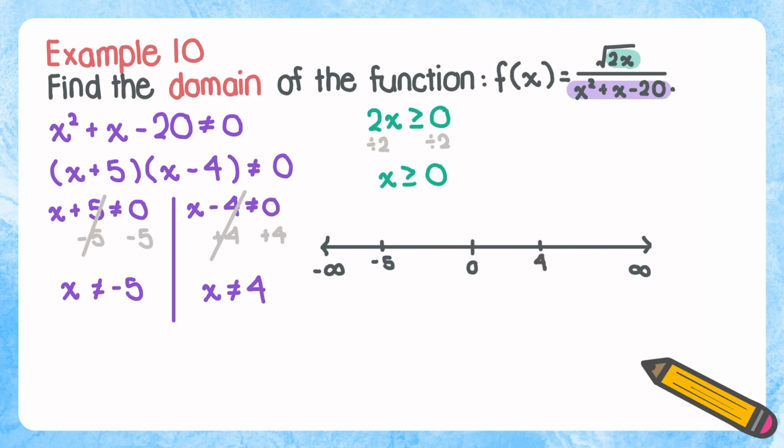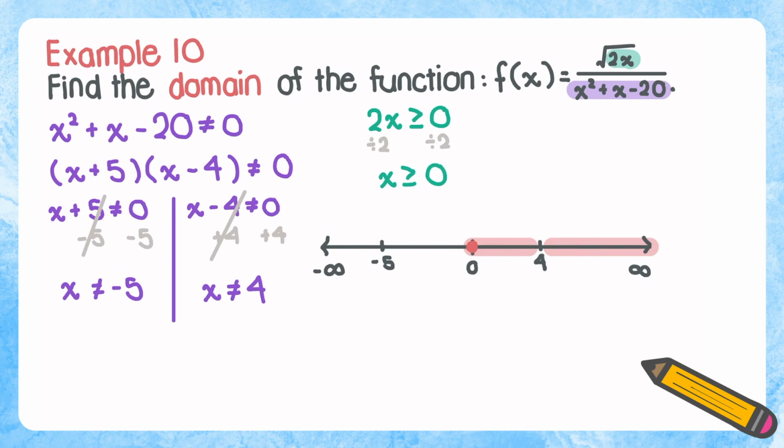All right, so x has to be greater than or equal to 0, and also x cannot be negative 5 or 4. So we start at 0 since x is greater than or equal to 0, and we move to the right, hop over 4, and then move on all the way to infinity.